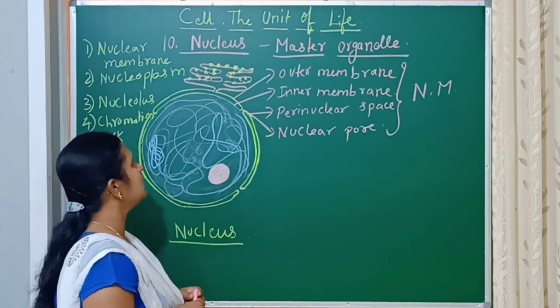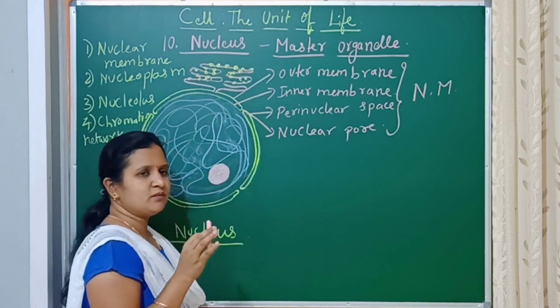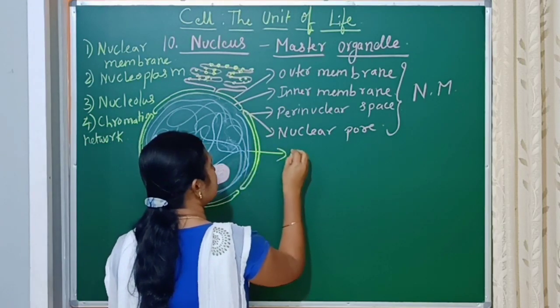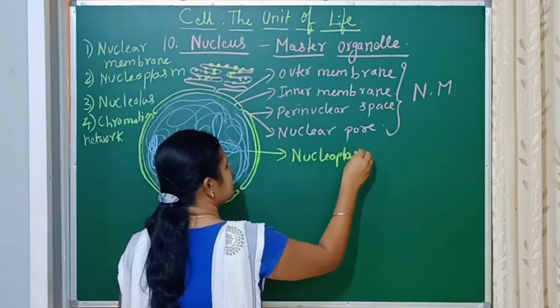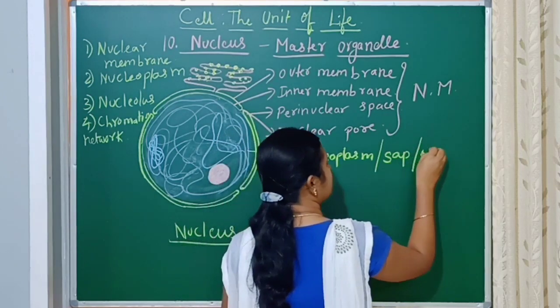Next, coming to the inside, a dense fluid-like material is present, which is the nucleoplasm. Nucleoplasm is also called the nuclear sap or the nuclear matrix.